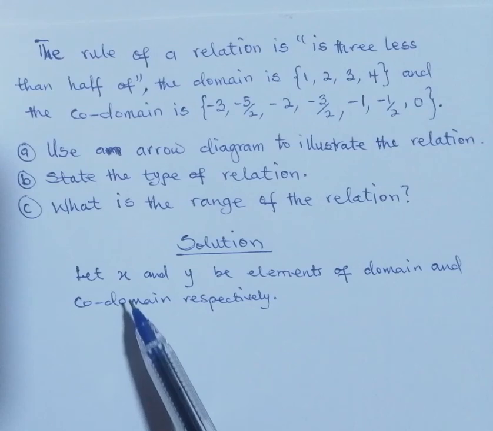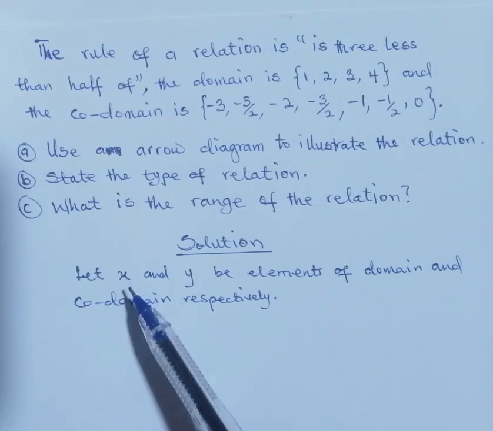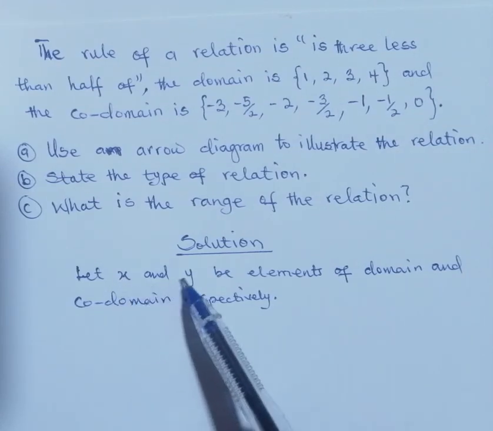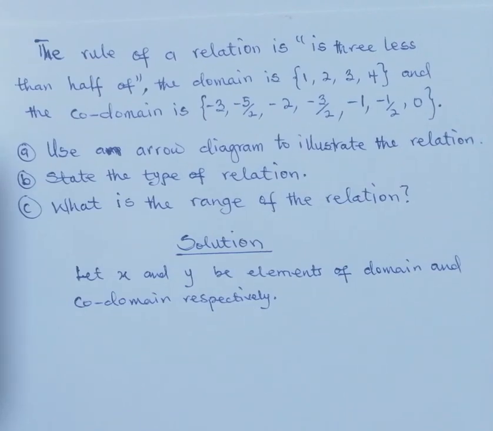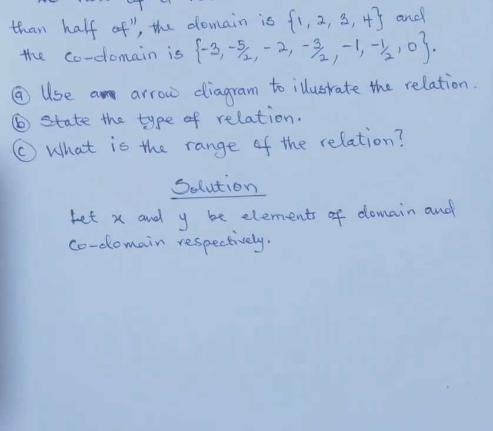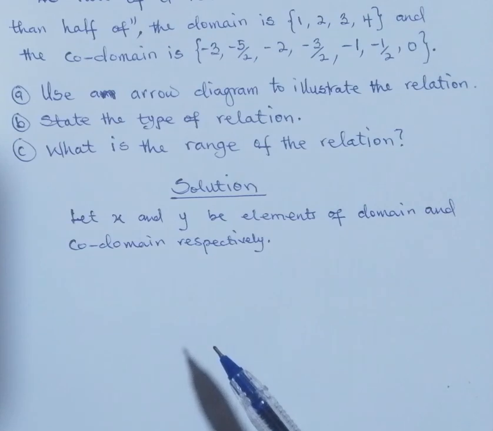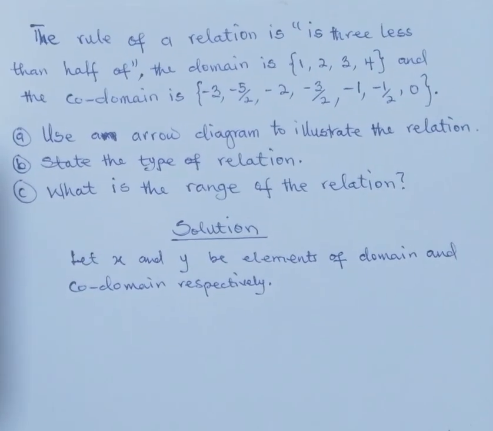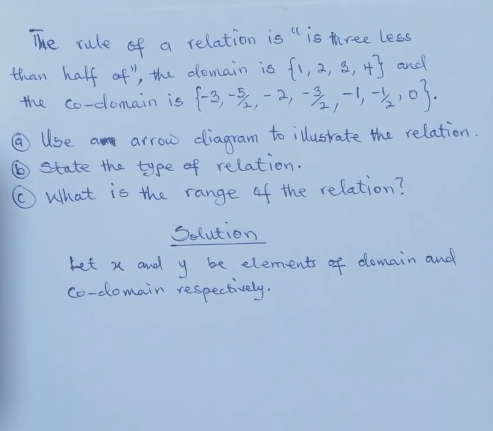So it means that our x belongs to an element in the domain and y belongs to an element in the codomain. All right, good. If that is the case, then we can use these x and y letters to write the rule in a mathematical form.